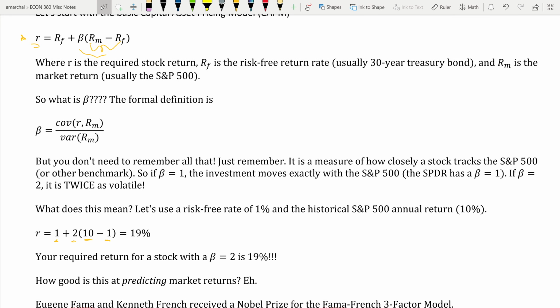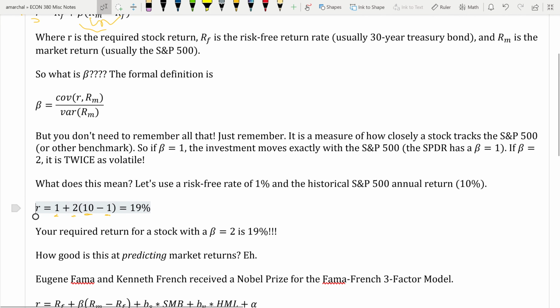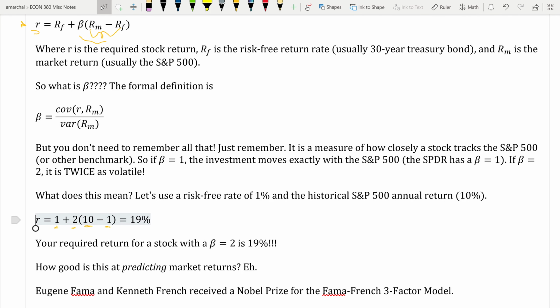Now, super easy formula, conceptually makes a lot of sense, but it's not very good at predicting market returns. But it gave us a good benchmark for starting these factor model investing.